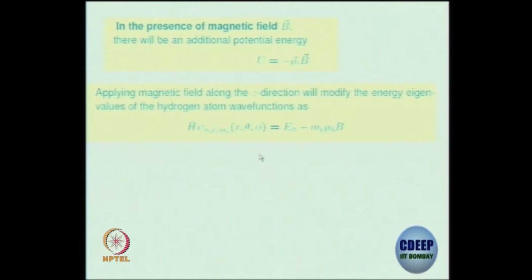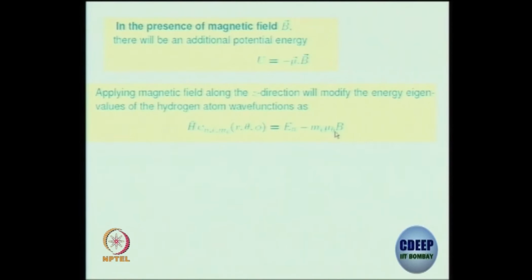So it is an eigenvalue equation again, but initially the energies of those wave functions were En. They will still be En only for ml equal to 0, but for ml not equal to 0, it starts showing, whether it is plus or minus L or it goes from minus L to plus L. There will be distinct levels with different energies, and that shift will be Bohr magneton times the magnetic field.